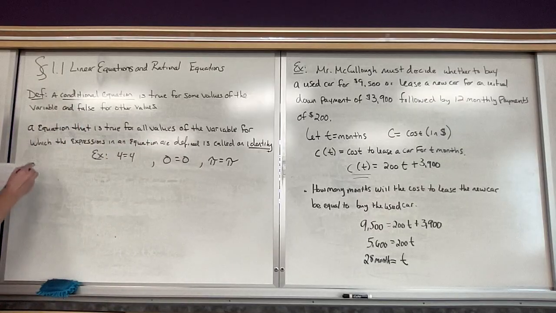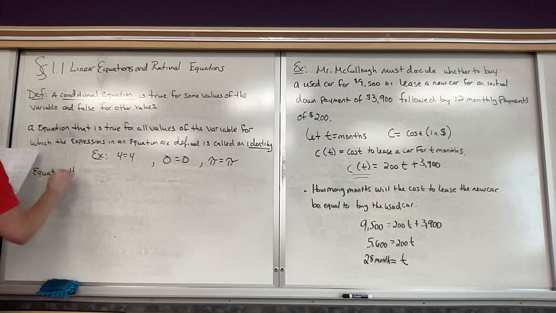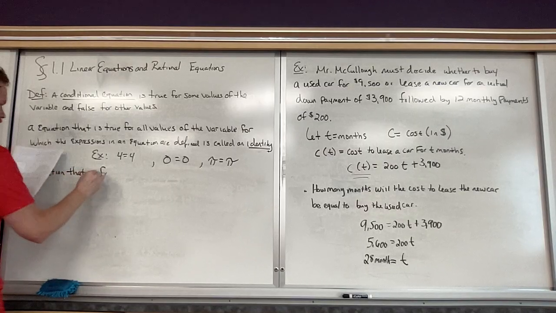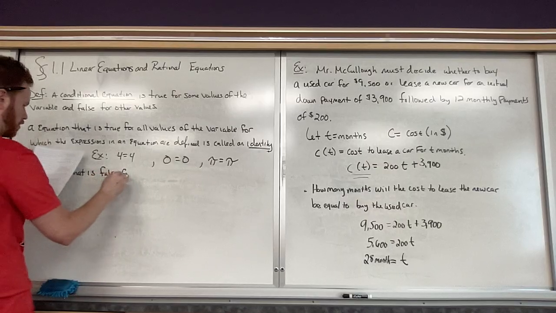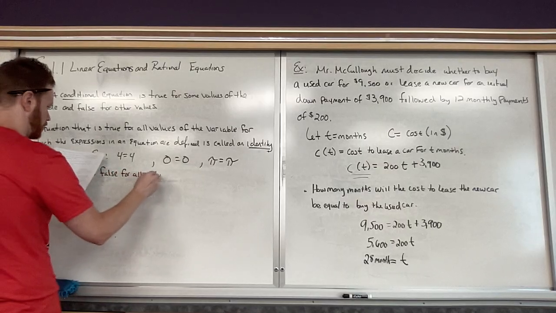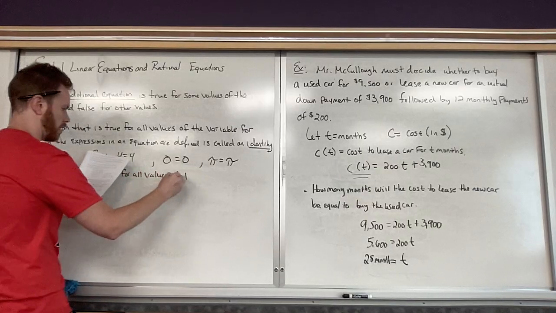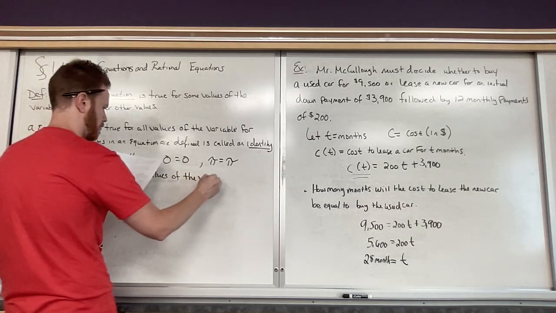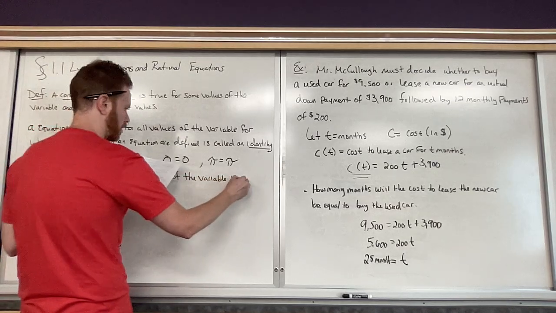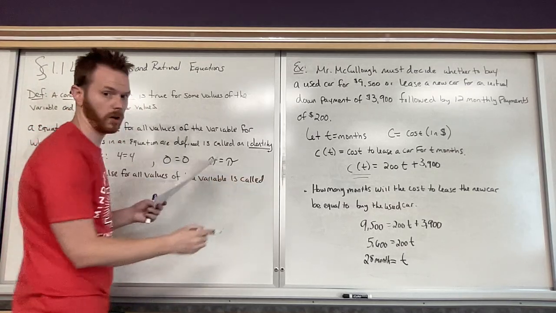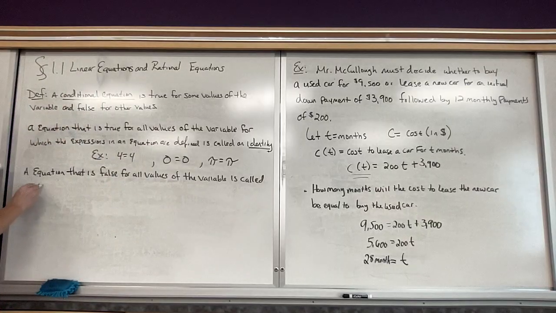Okay, we have another type of equation. An equation that is false for all values of the variable is called a contradiction.